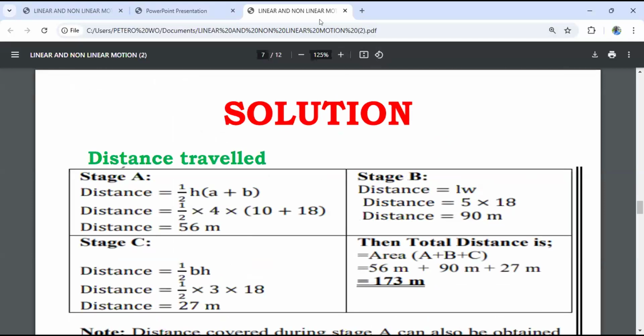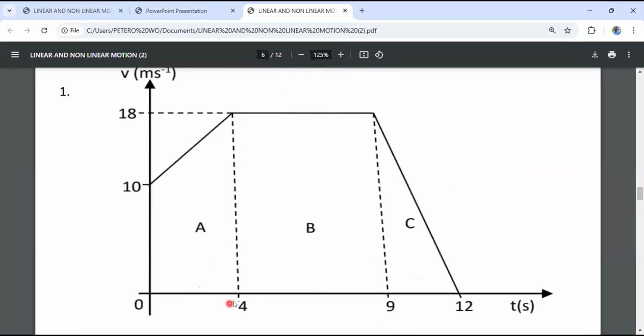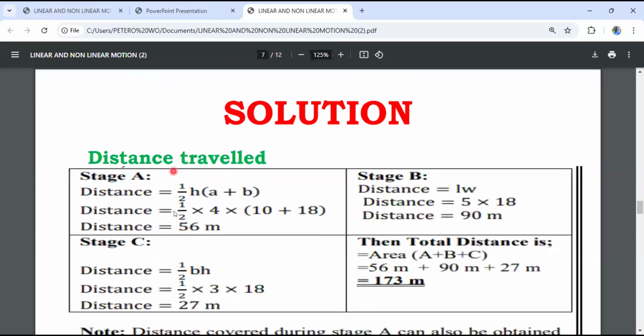So on our solution, they are talking about A. Now, when you look at the diagram that we had here, you see that A has the H as 4, A is 10, and the B is 18. When you look at our solution, you see that we have a half. The H is 4, A is 10, and B is 18.